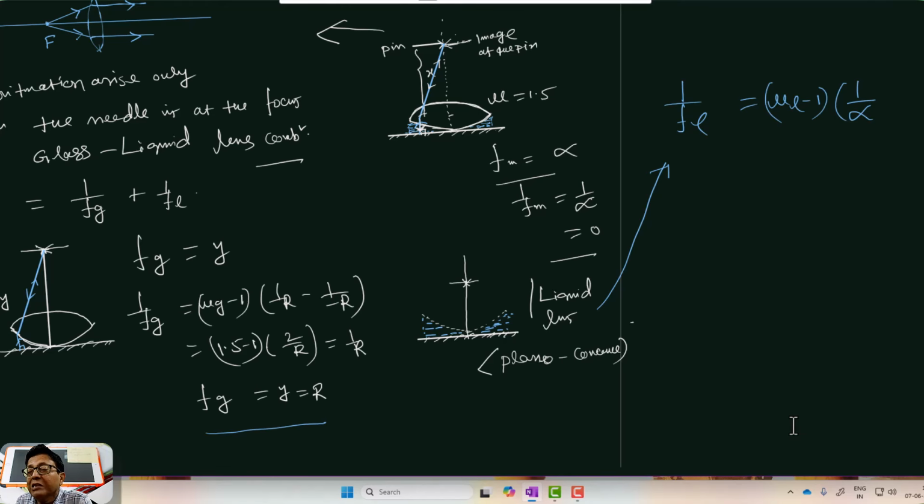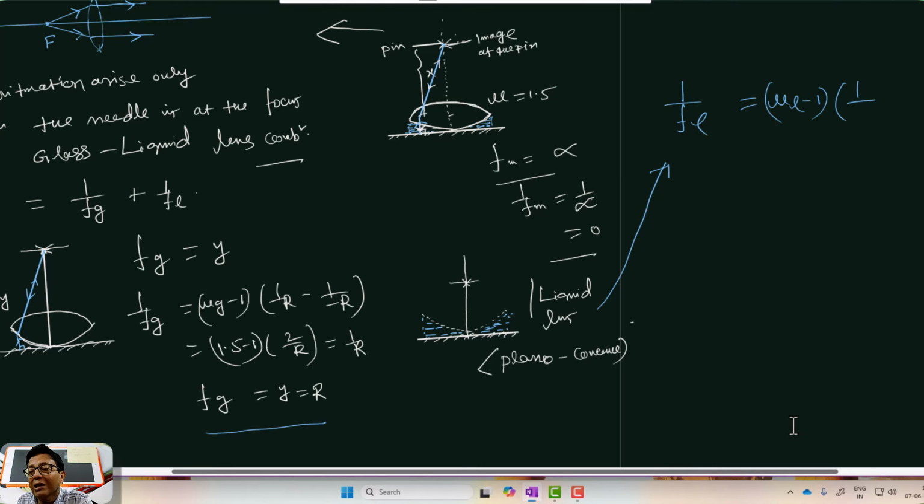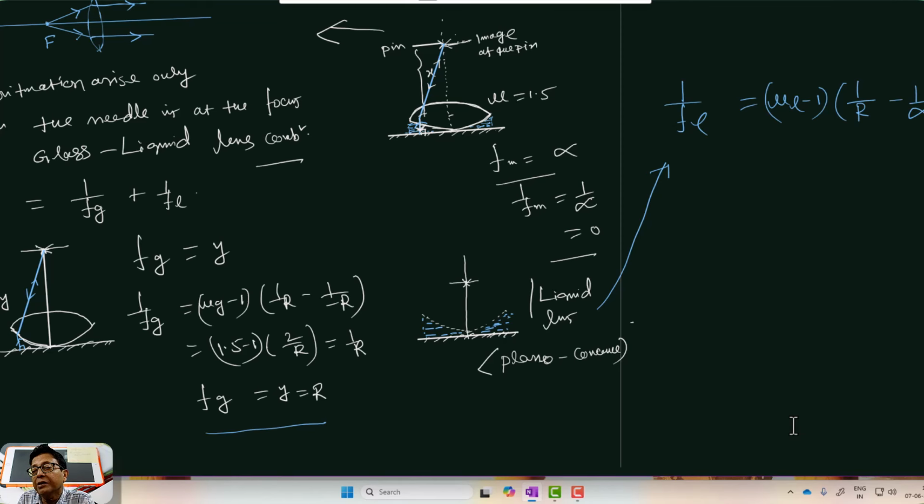No, this one is facing first, so it will be 1 by r only. 1 by r minus 1 by infinity, and this is minus. Therefore, 1 by Fl equals (1 minus mu L) divided by R.